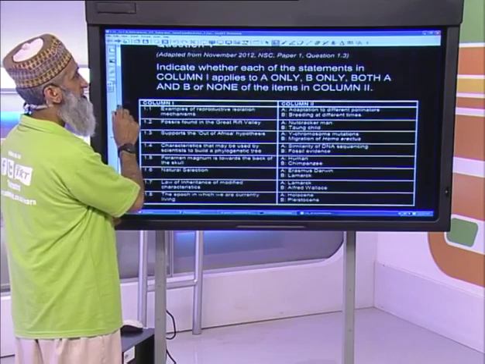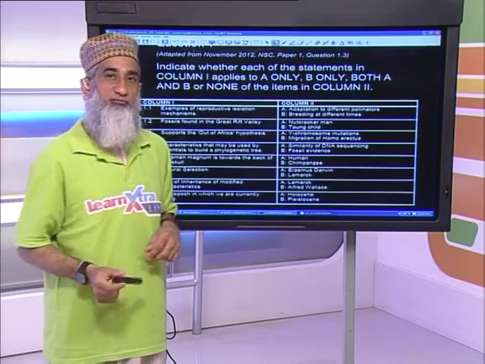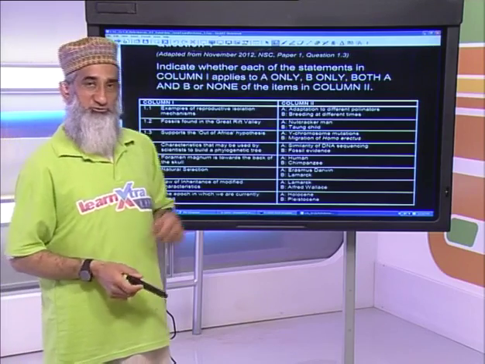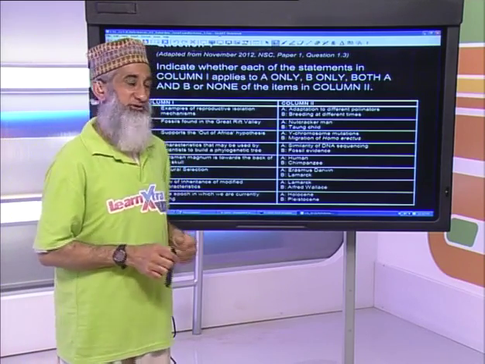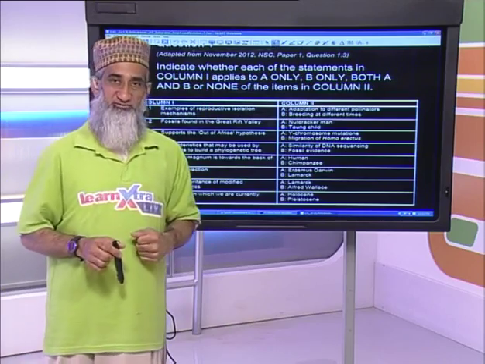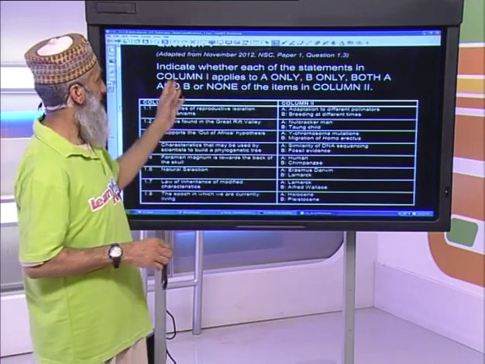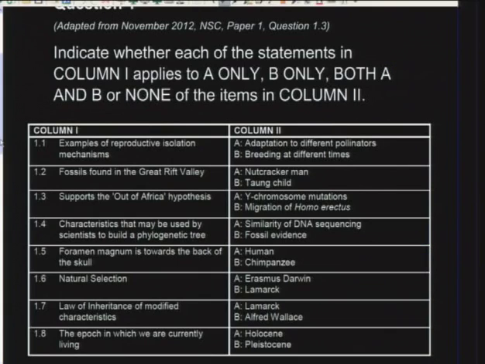I thought we'd put just one Section 8 type question up just to warm us up, and at the same time to refine the way you answer this type of question. Let's read it quickly. Indicate whether each of the statements in column 1 applies to A only, or B only, or both A and B, or none of them in column 2.